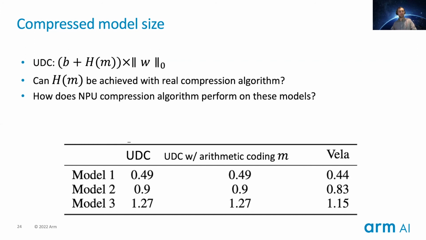Practically it seems quite hard to me, because you'd have to describe what the compiler does mathematically and in a parameterizable way. And I'm also not sure it's worth it, because you see already that Vela performs very well. We could maybe squeeze out another, I don't know, 5% in model size, and I'm just not sure that it's worth the effort.